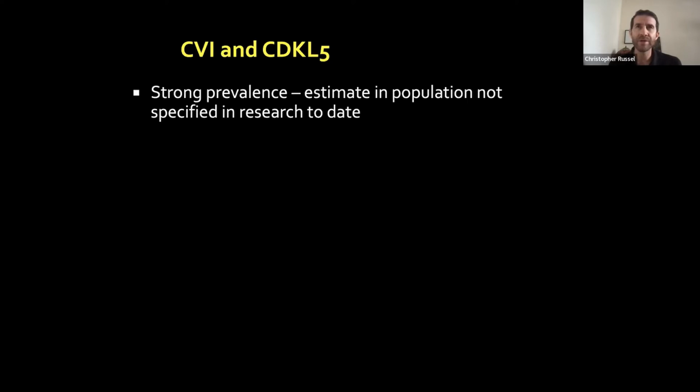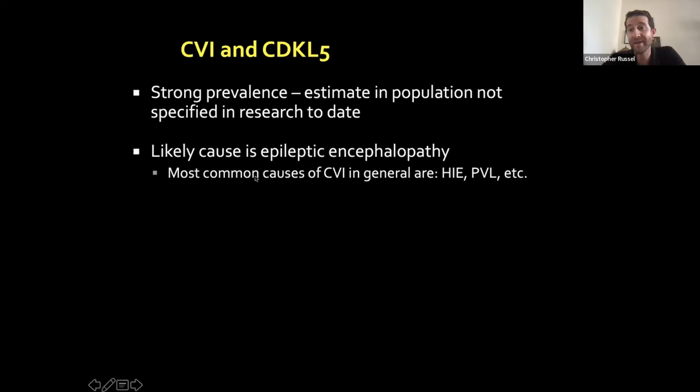What I found from the research, and if anybody has further research basis, I would love to see it, is not really yet enough data to show a strong estimate in terms of the percentage of the population that have CVI, but we can say that CDKL5 comes with a strong likelihood of having CVI. The most likely cause is epileptic encephalopathy.